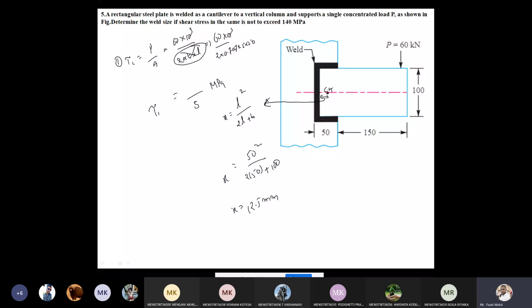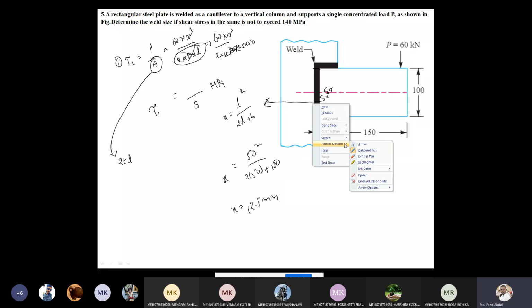I'm writing here again. Failure area, I'm separately writing here. 2 into T into L for this one. This is the one. So same diagram is appearing. For that reason 2 into T into L I'm writing.